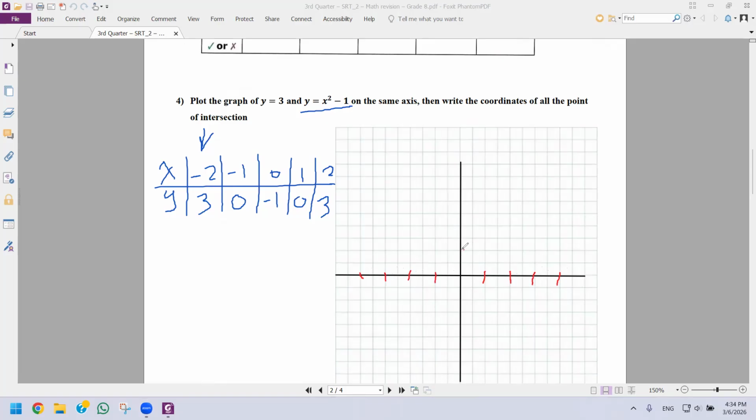If I'm going up, 1, 2, 3, 4. As you can see, the distance is the same. Each two squares, I'm putting a line. And don't forget to put the numbers 1, 2, 3, 4, minus 1, minus 2, minus 3, and minus 4.